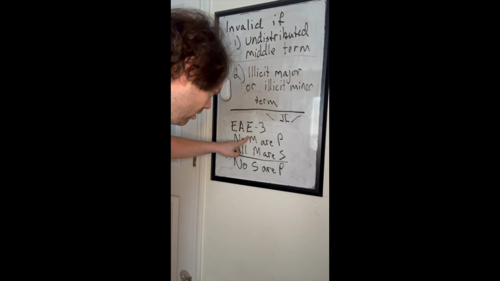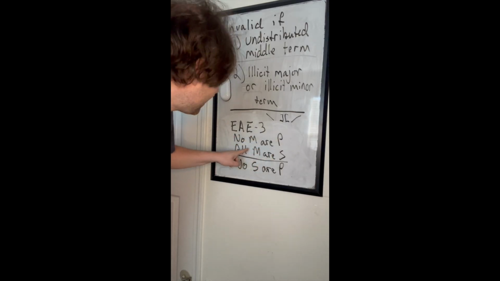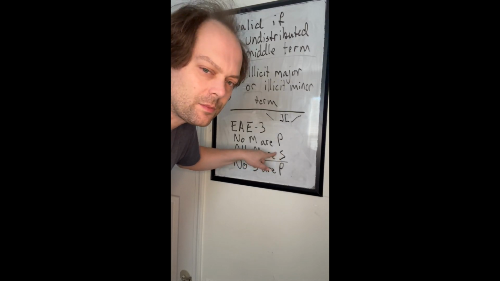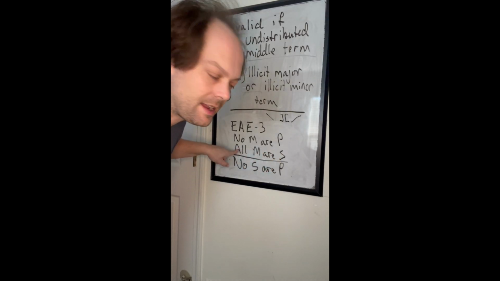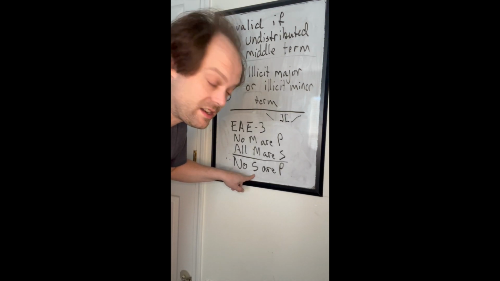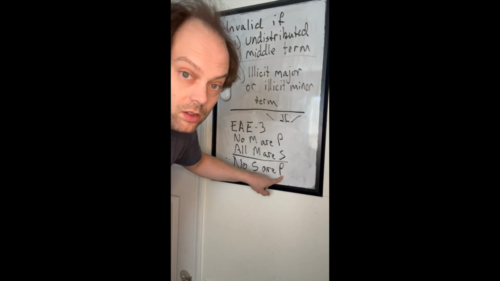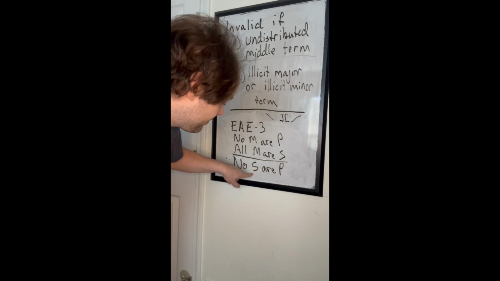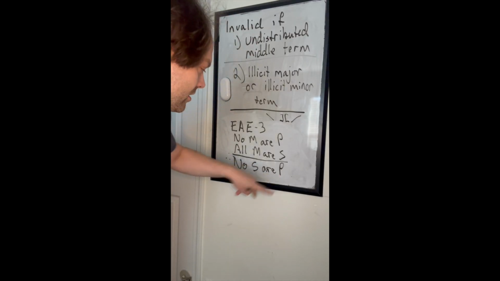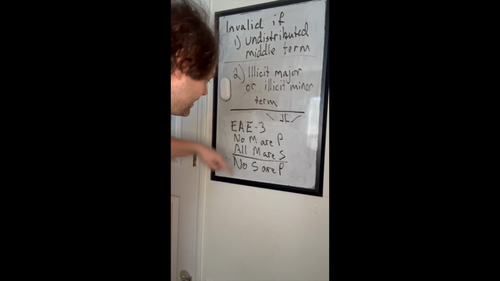We're saying something about all the M's and all the P's. And it's distributed here. We're saying something about all the M's. We're not saying something about all the S's in this statement here. Now down here we say about all the S's that they are not all the P's, that all of this category doesn't overlap with all of that category. So both of these terms are distributed. Is this valid? I don't know.